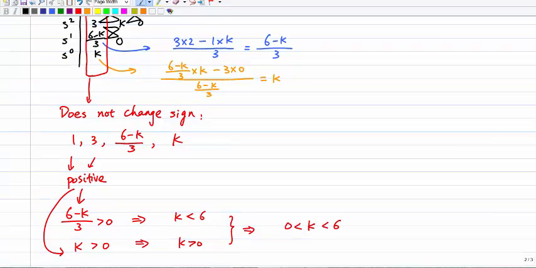Then the first column does not change sign. To make sure (6 minus K) divided by 3 is positive, K must be less than 6. Of course, K has to be positive so the last entry doesn't change sign, which means K has to be between 0 and 6 to make sure the system is stable.